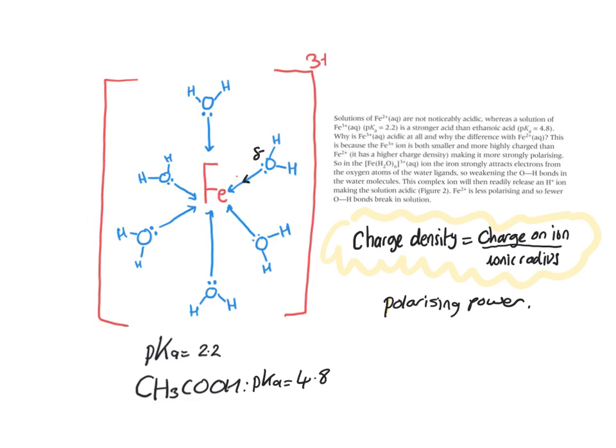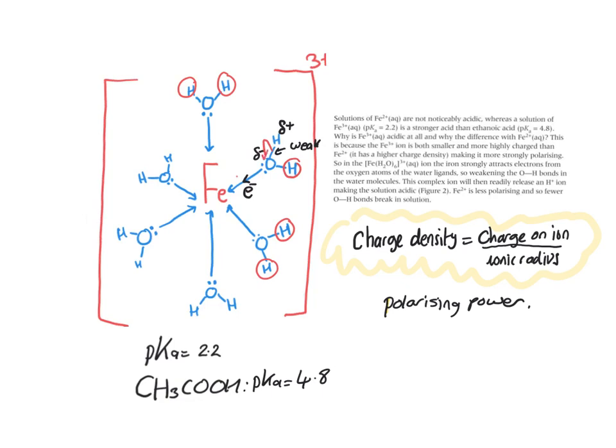The pull of the electron pair towards that central highly polarizing Fe3+ ion increases the polarization, or the dipole, on the water molecule, and therefore weakens the OH bond within the water molecule. So this complex ion will readily release H+ ions, or protons.